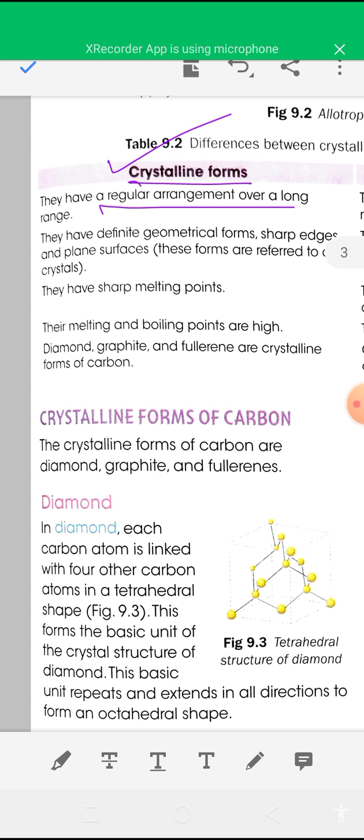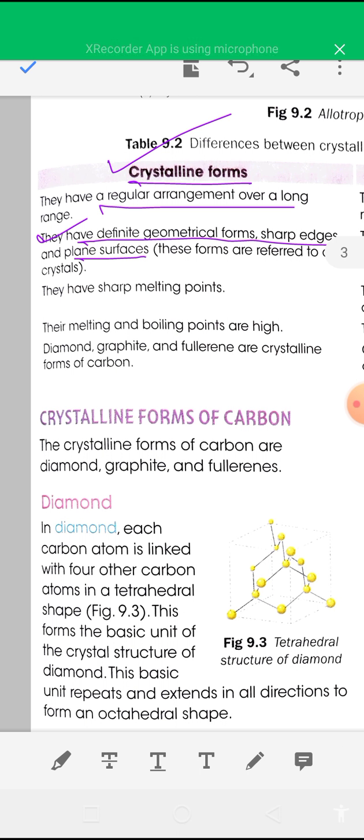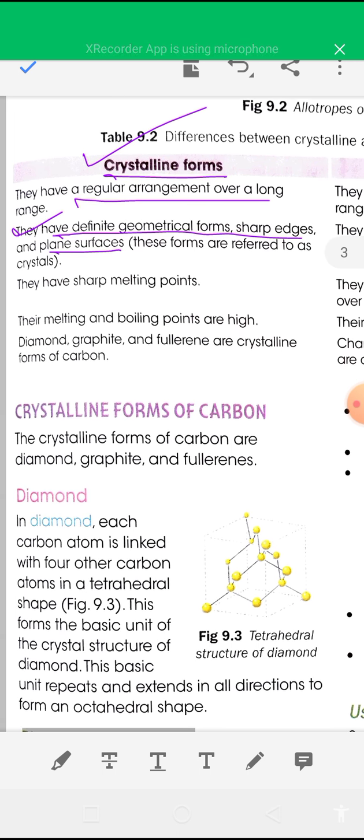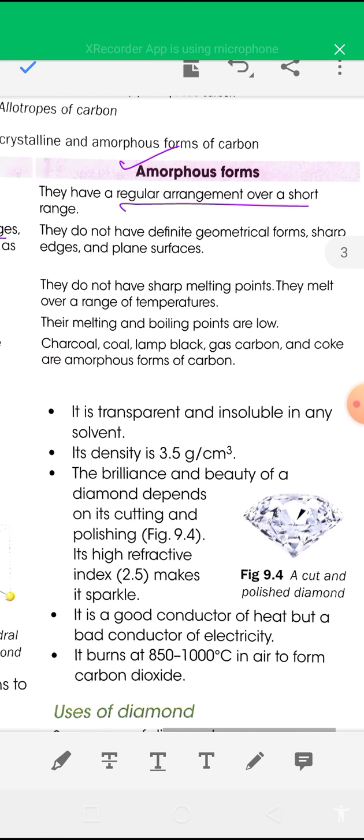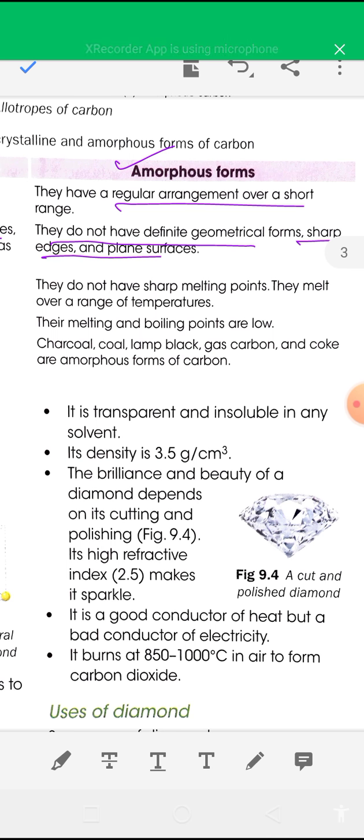Crystalline forms have definite geometrical forms, sharp edges, and plane surfaces, and these forms are referred to as crystals. Amorphous forms do not have definite geometrical forms, sharp edges, or plane surfaces. They are actually powder type.